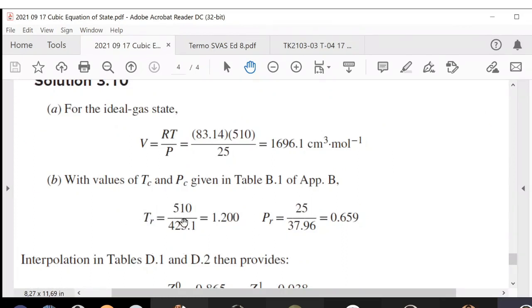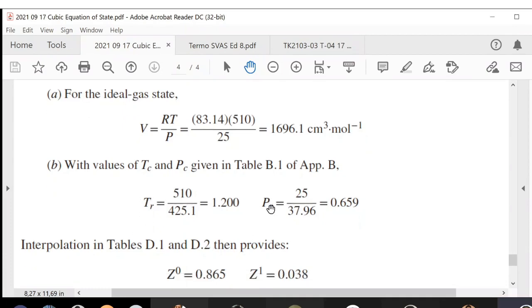Temperature is corrected after being divided by the critical temperature, and pressure after being divided by the critical pressure. So it is valid for any gas actually, this TR and PR concept.